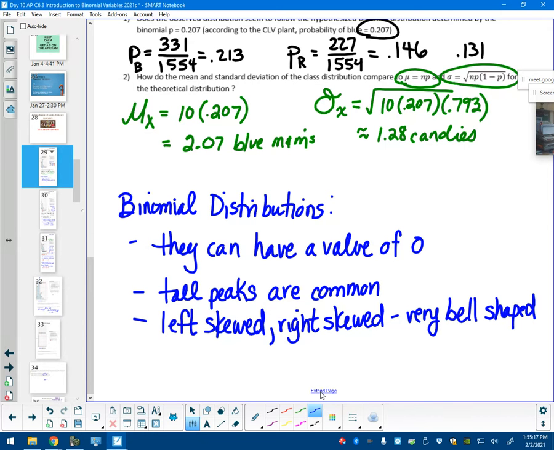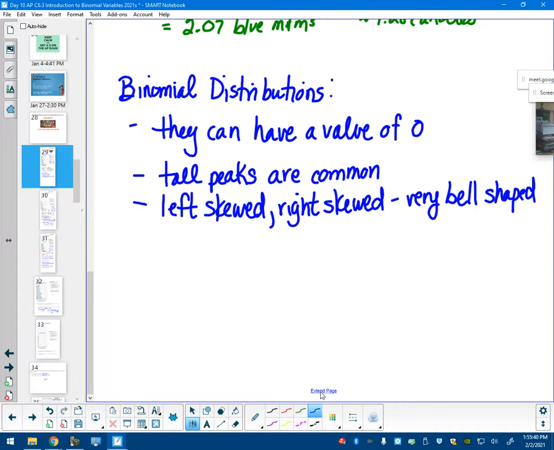That's what the 10% condition and the large counts condition we were talking about last night in your notes. Binomials can camouflage very easily as a normal distribution. In fact, for the rest of inference, we need to know when they're camouflaged enough to call them normal. All right, that's about their distributions.